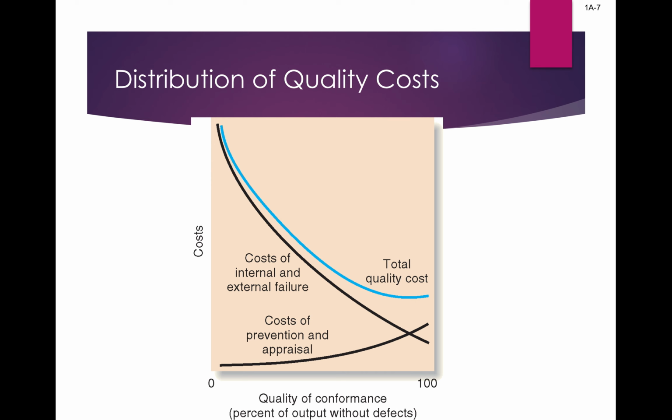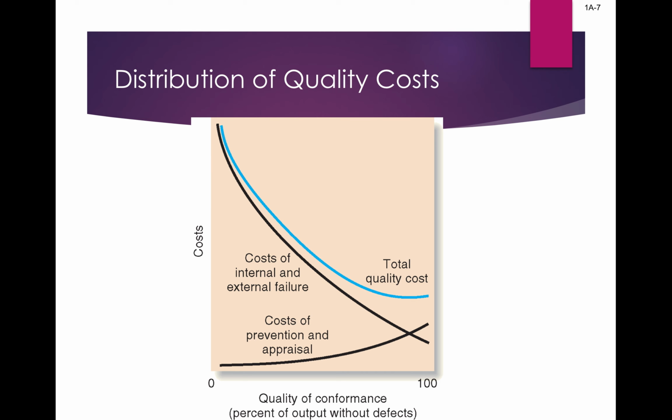So it flattens, but we might be a firm that, because of the contract, may have to have an objective of 0 defects for that product being produced. So we may end up where these internal and external failure costs and the prevention and appraisal costs intersect, right at this point here, which is of course your lowest quality cost.